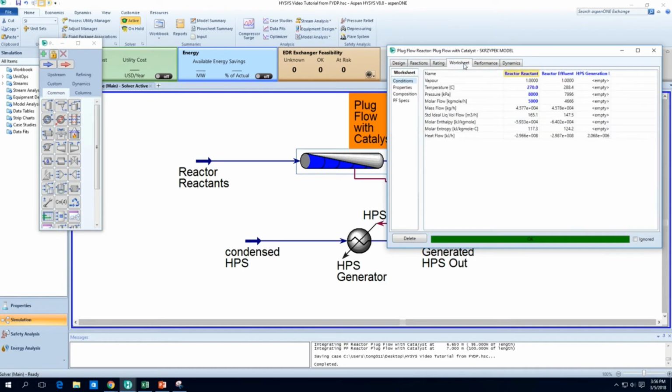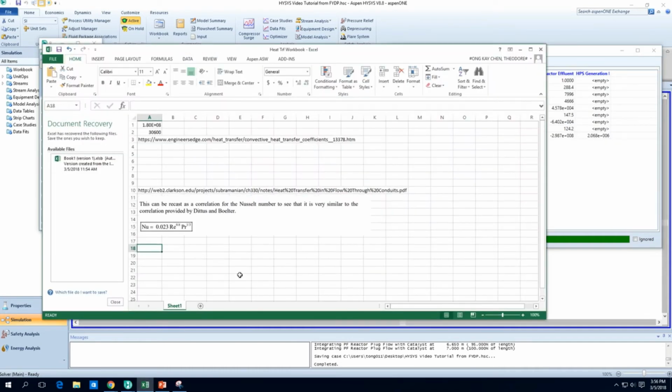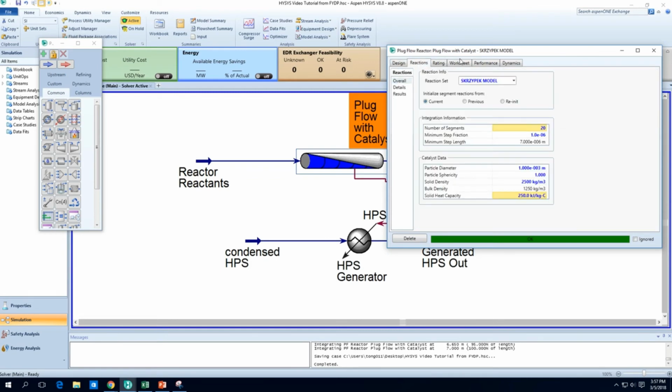Of course, you have the classic heat exchanger formula, which is Q equals UA times the log mean temperature difference.